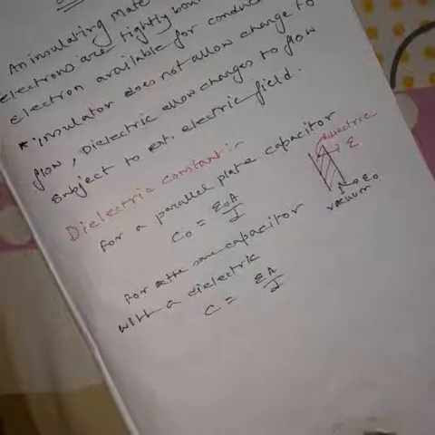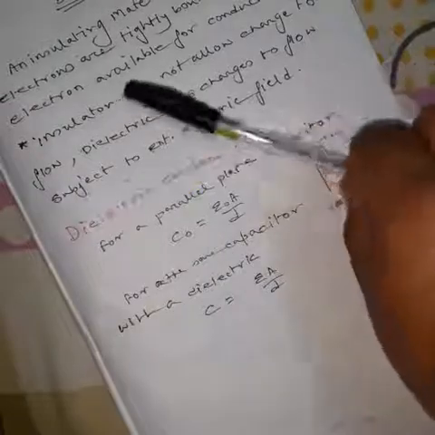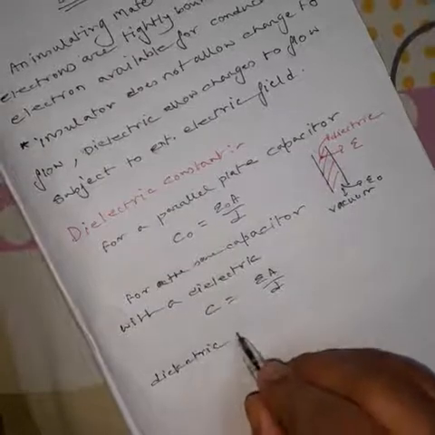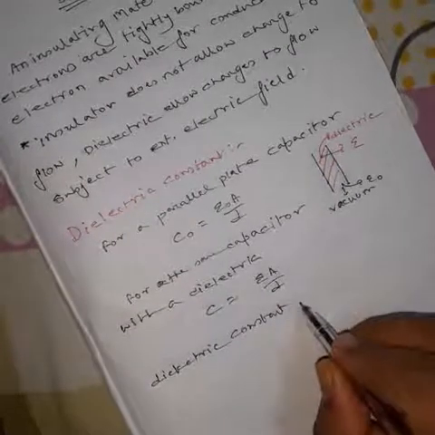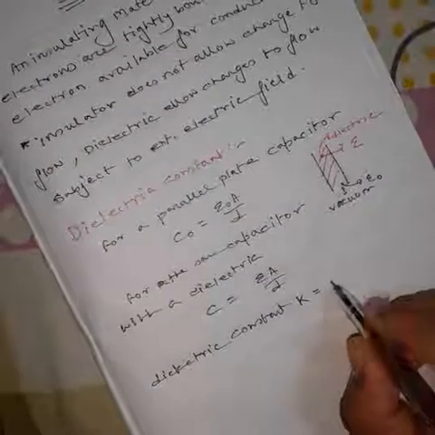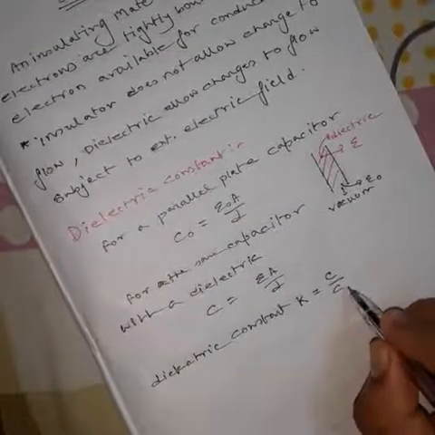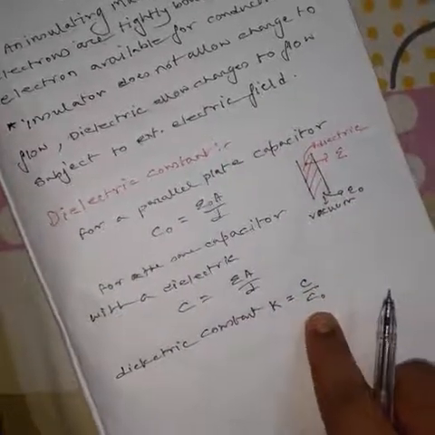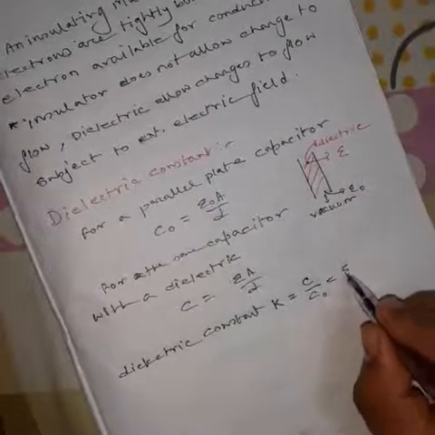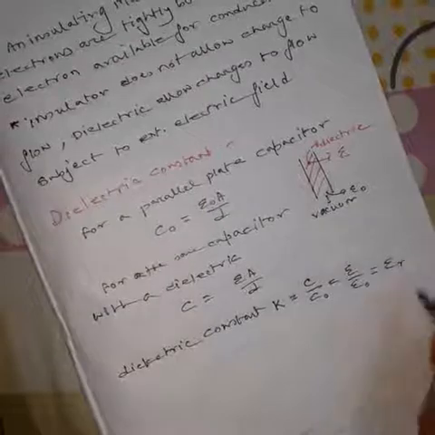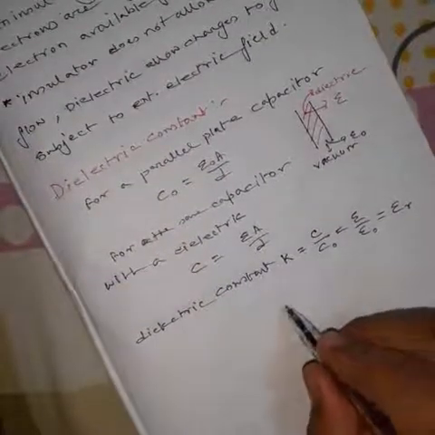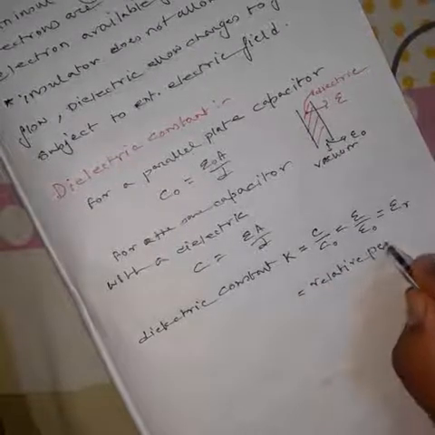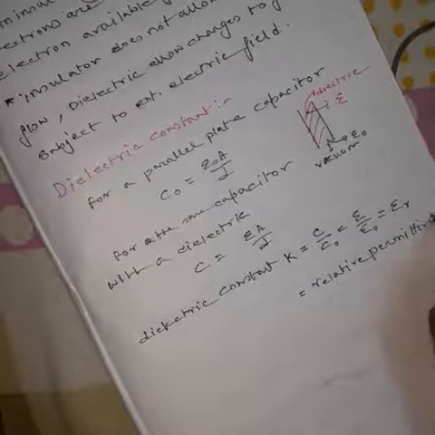Therefore the dielectric constant can be defined. It is denoted by K, which is the ratio of the capacitance with the dielectric to the capacitance without the dielectric, which is essentially epsilon by epsilon 0, which is epsilon r. Therefore the dielectric constant equals the relative permittivity.